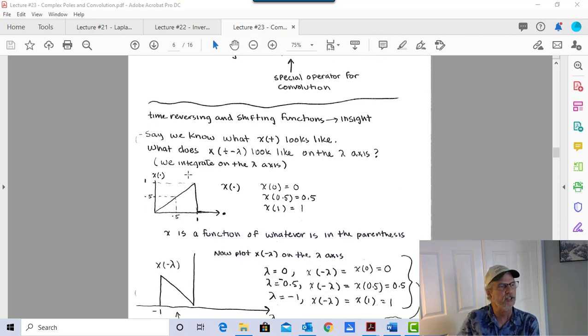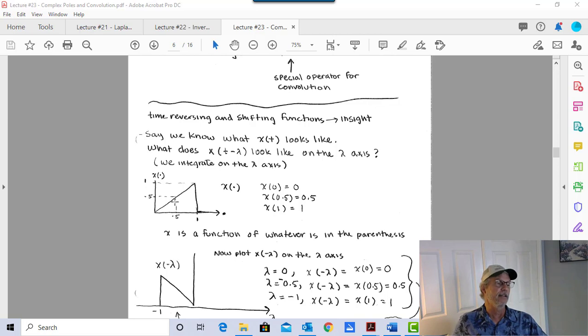So here's a function, and I'm going to say that it's a function of a dot. In other words, it's a function of whatever is in the parentheses. This is our dot axis. It's not x, it's not t. I'm just going to call it dot for now. If the dot is equal to 0, my function is 0.